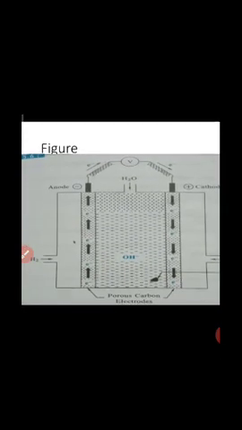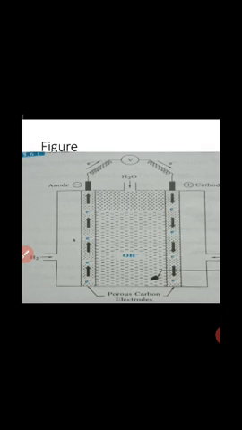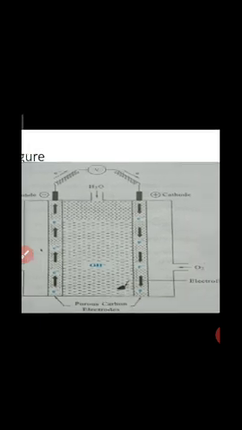The total cell is shown in the figure. We make two compartments with porous carbon electrodes: on the left side the hydrogen compartment and on the right side the oxygen compartment. Whenever we take hydrogen gas in the compartment, it acts as the anode, and whenever we take oxygen in the compartment, that carbon porous plate acts as the cathode.